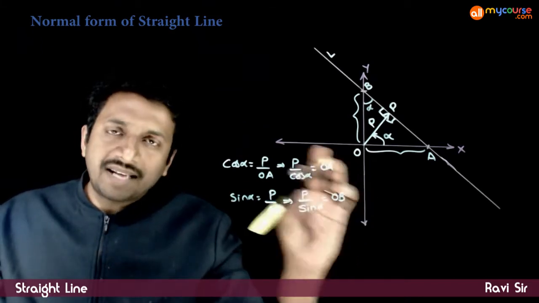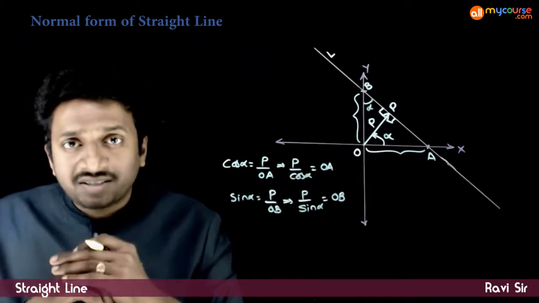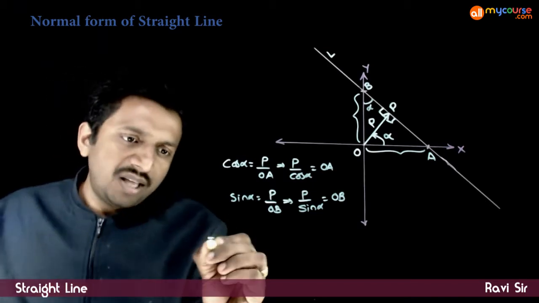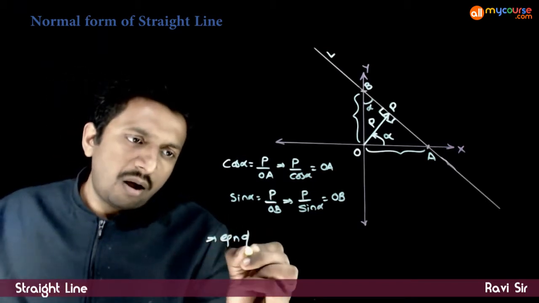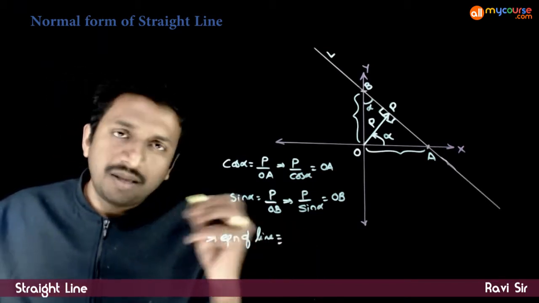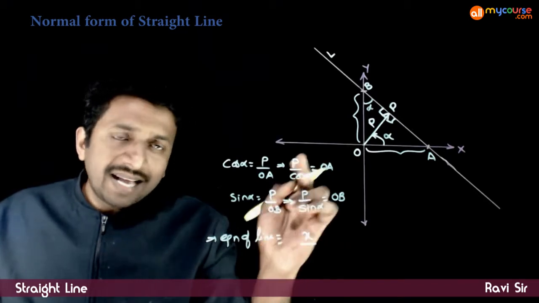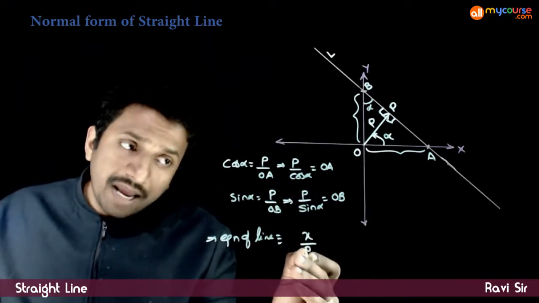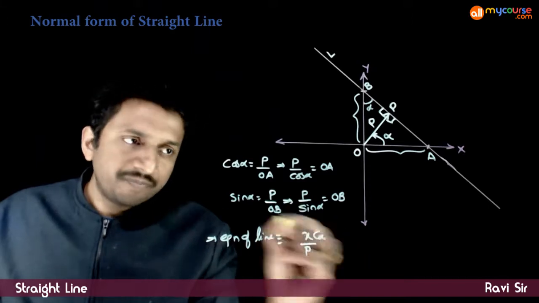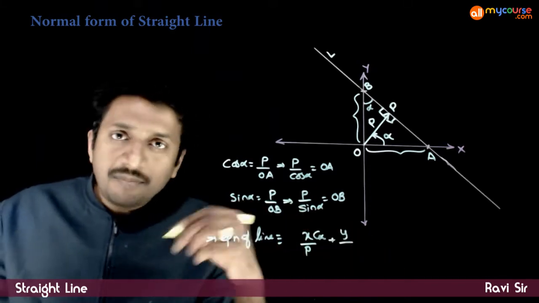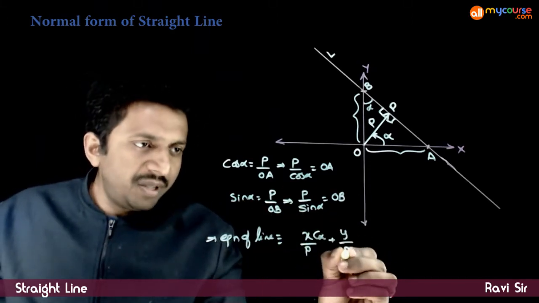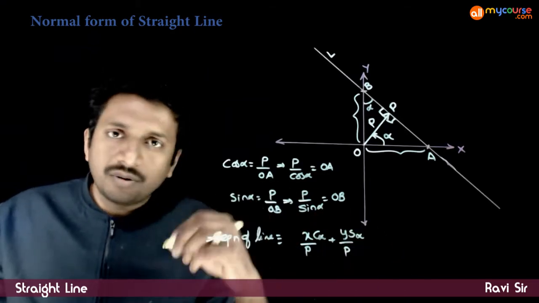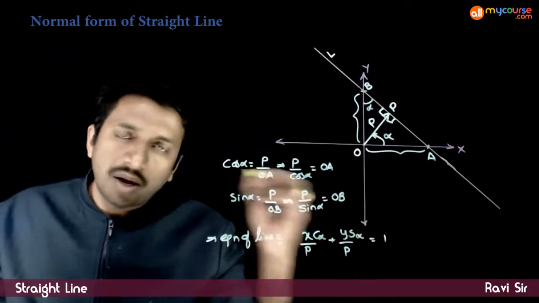Now once you have the x-intercept and y-intercept, we can use the intercept form of the line. The equation of line is x by x-intercept, P by cos alpha, so cos alpha goes up, plus y by y-intercept, P by sine alpha, so sine alpha goes up, is equal to 1.